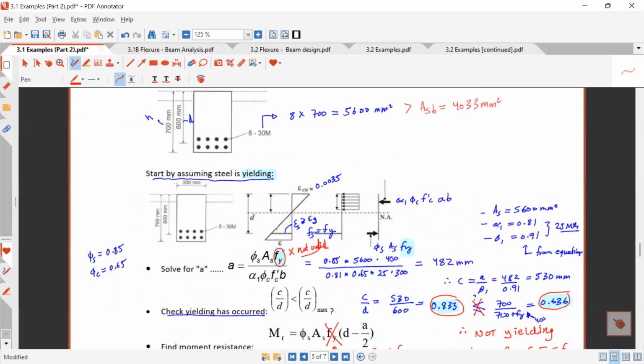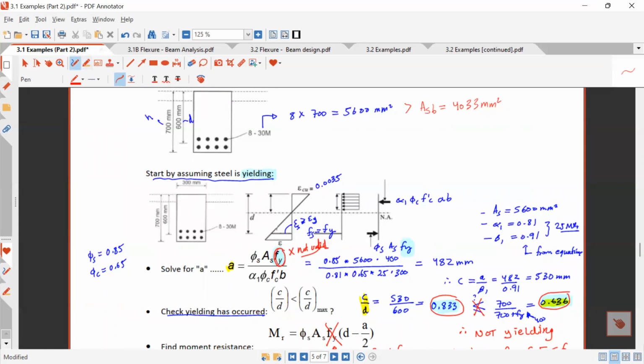Instead, we just start by assuming that the steel is yielding as usual, and we solve for A. After we solve for A, we get our C, and then we do our C/D ratio, and we compare it to this limit. If we're above that limit, it means we're in the over-reinforced situation. Then we said we have to be careful.